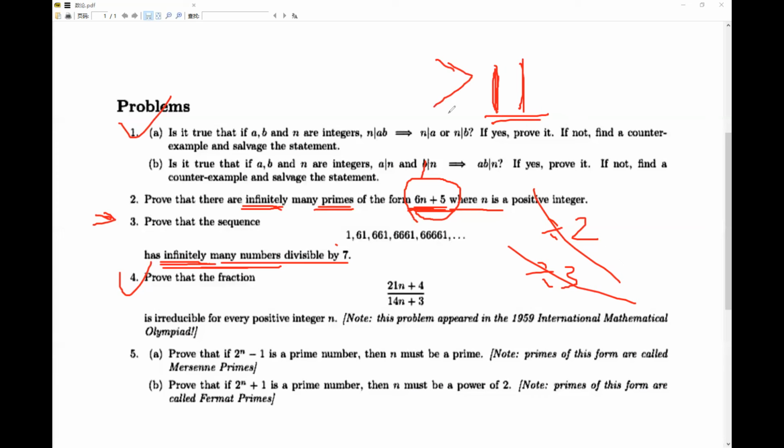Because there are infinite prime numbers, even if it's divisible by some number, it can't be that every single number is divisible. We can just not care about that because there are infinite primes.